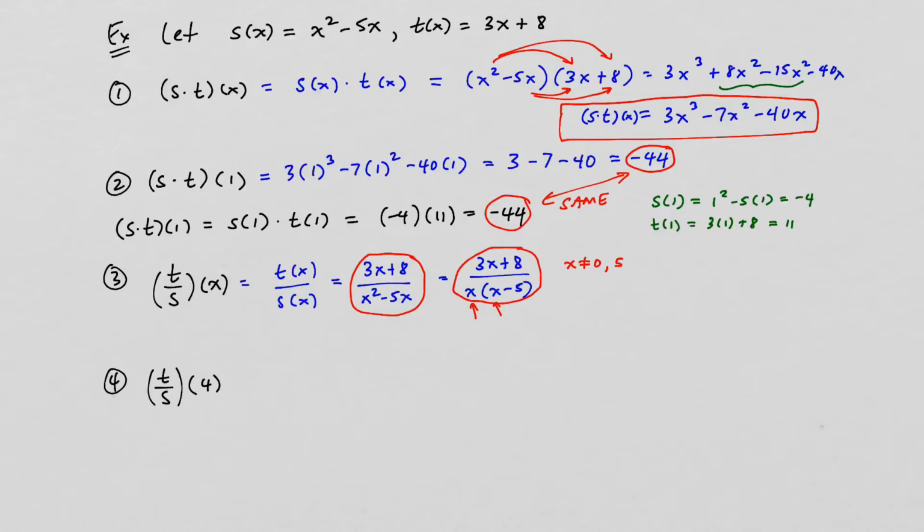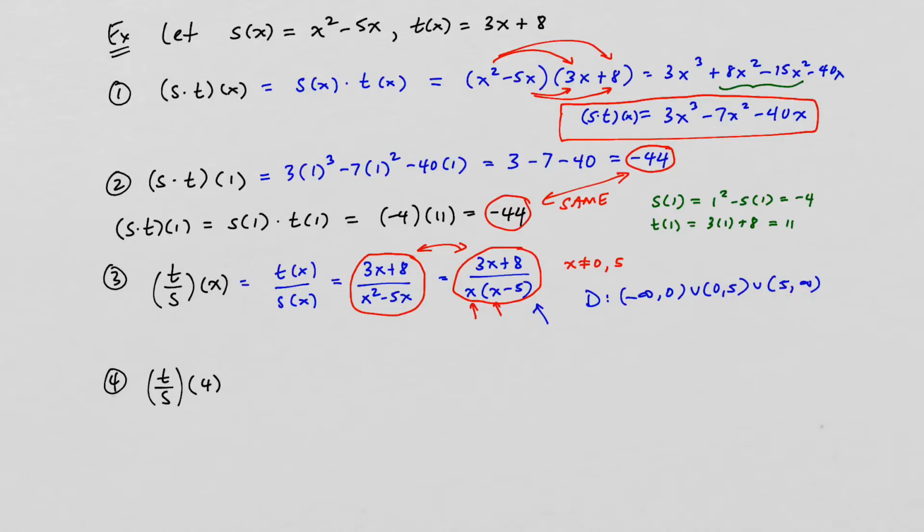Either way is fine. But if you have to give the domain, this is more useful. The domain would be all numbers except for 0 and 5. So that would be all numbers from minus infinity to 0, union the numbers from 0 to 5, union the numbers from 5 to infinity.